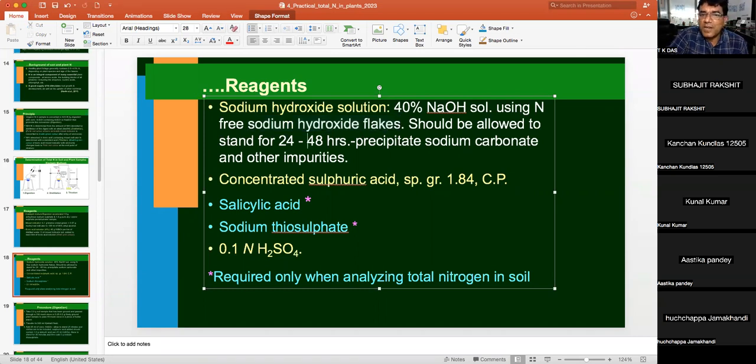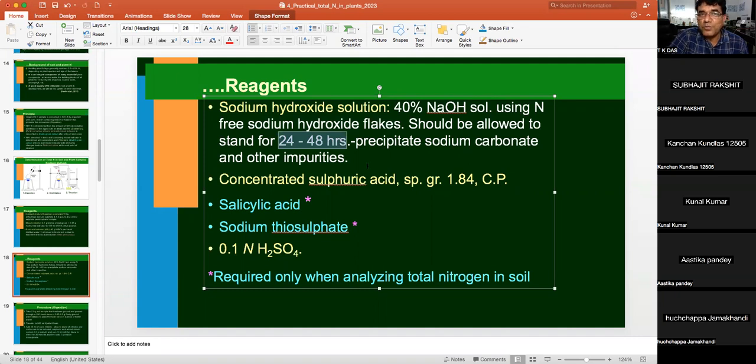Sodium hydroxide solution should be allowed to stand for 24 to 48 hours. This is a very, very exothermic reaction. When you add sodium hydroxide to water, a lot of energy is released, and you have to be very careful in preparing this solution.